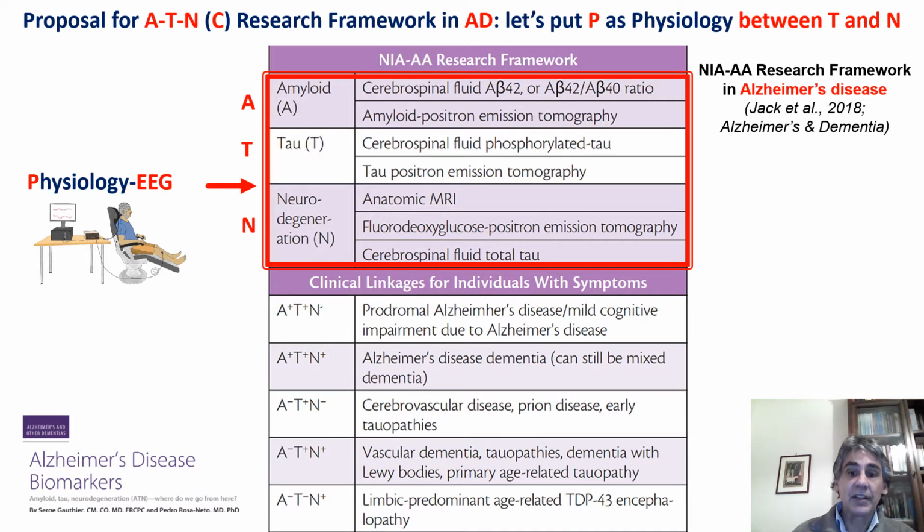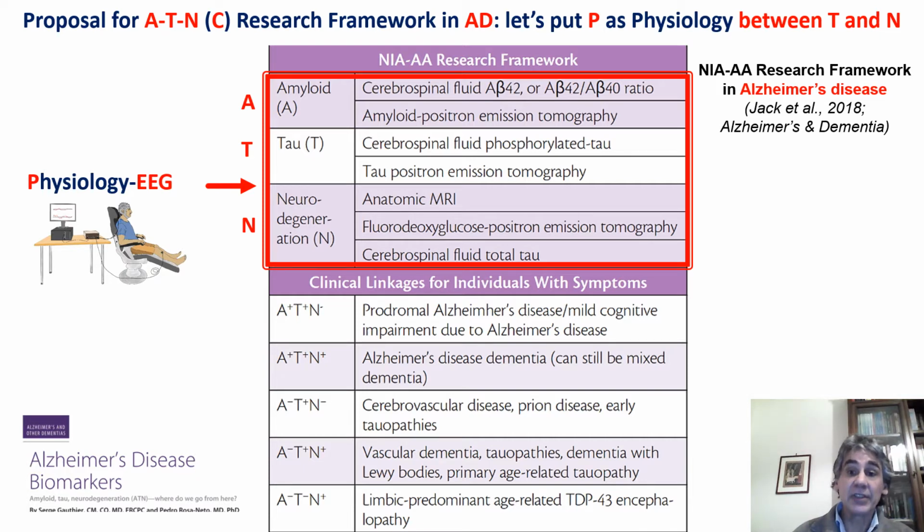You can see in the slide the amyloid, tau, and neurodegenerative biomarkers used in the research framework. And we are working to convince the people to introduce EEG biomarkers between the biomarkers of tauopathy and biomarkers of neurodegeneration.